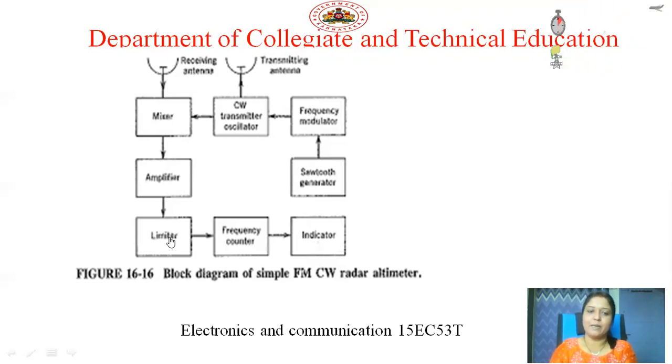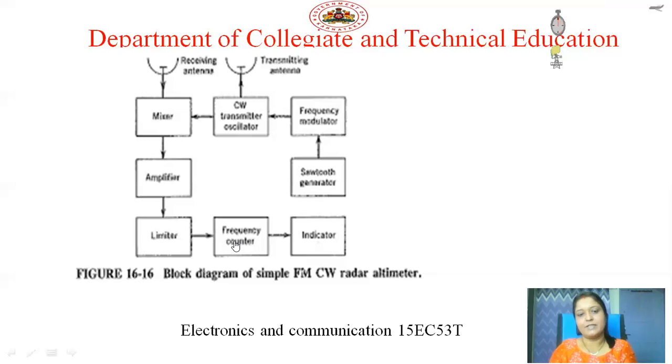The main purpose of the amplitude limiter is that any variations in the amplitude should be removed. It should make the amplitude constant, because our information is available in the frequency variation, not in the amplitude variation. Therefore, the amplitude limiter is used to make the amplitude constant, and afterwards it is given to the frequency counter.